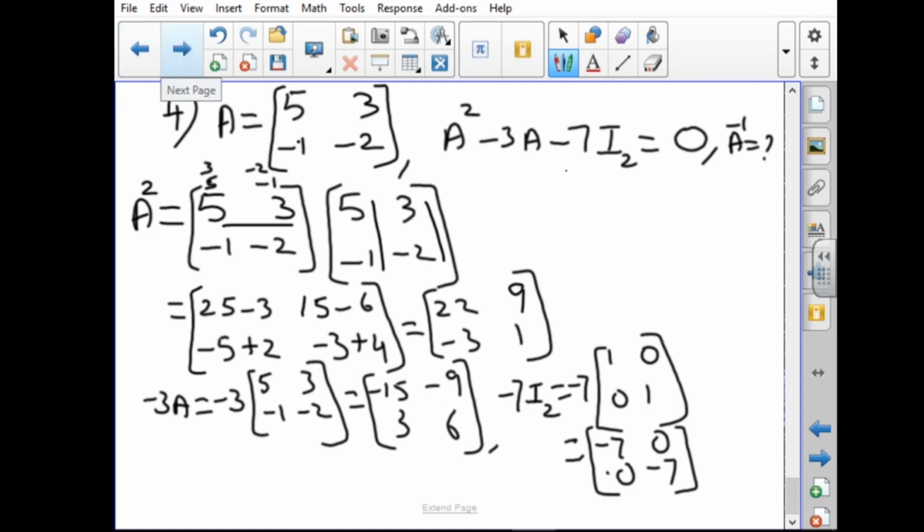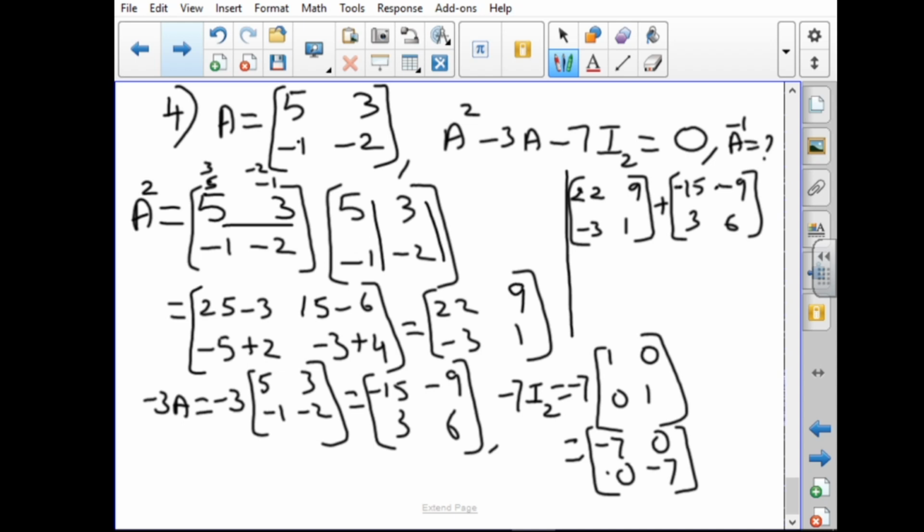So we get here A square. A square is 22, 9, minus 3, 1. We are going to use this in the equation. Minus 3A is minus 15, minus 9, 3, 6.